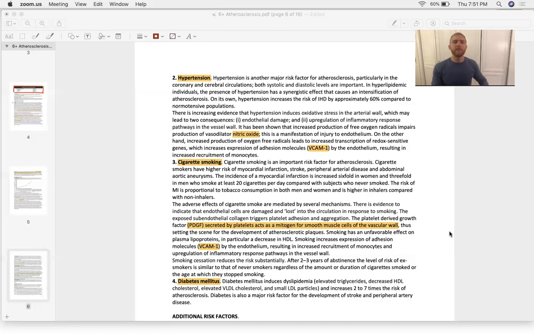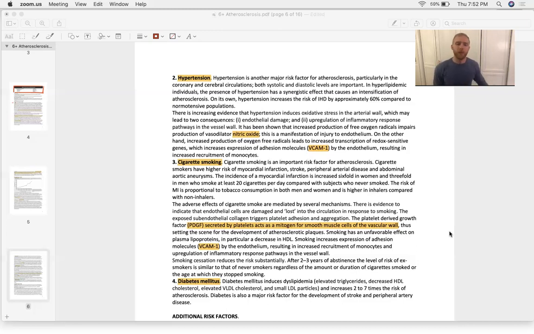So anything that is going to increase the expression of VCAM, as in this example, hypertension, is going to also increase the content of macrophages within the tunica intima of these medium and large arteries. And that is going to promote atherosclerosis.